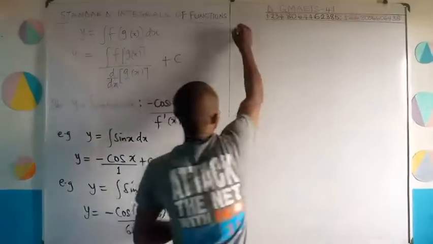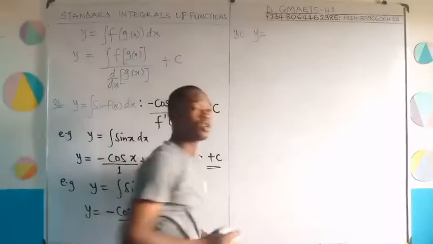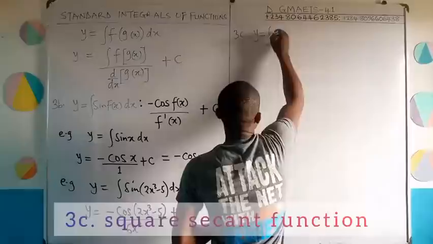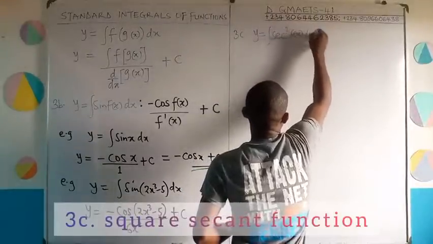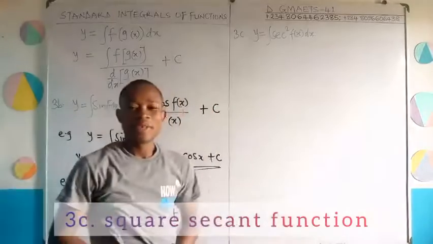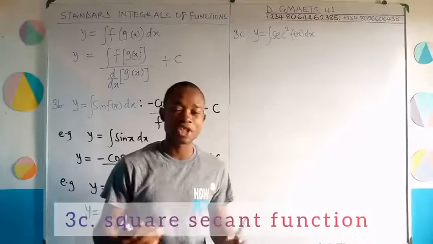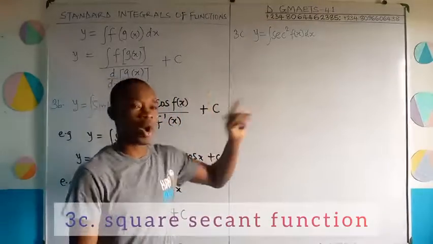Under trig, we'll consider sec. This time around, I want us to consider the integral of sec square. So we have y to be integral sec square f of x dx. So what are we going to get? Remember the procedure. Ask yourself, under differentiation, which trig function did you differentiate to get sec square?